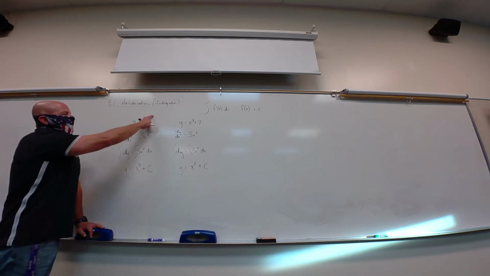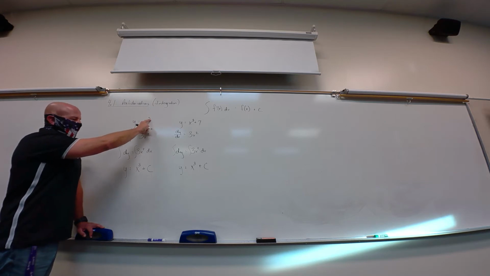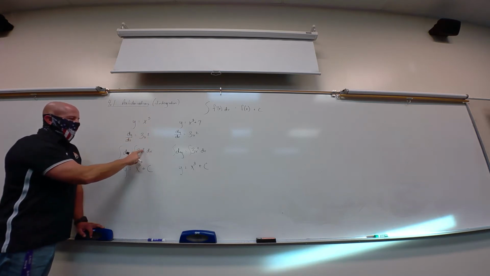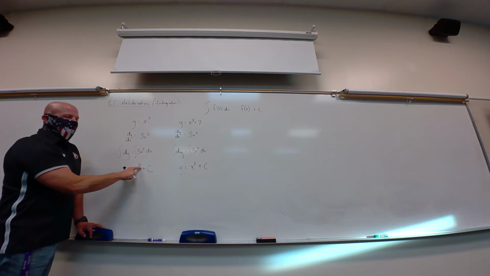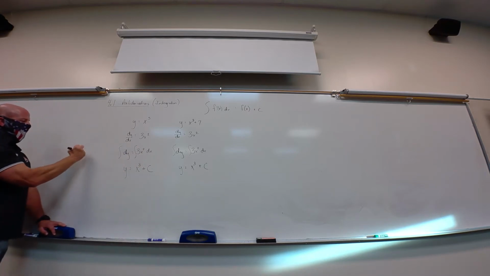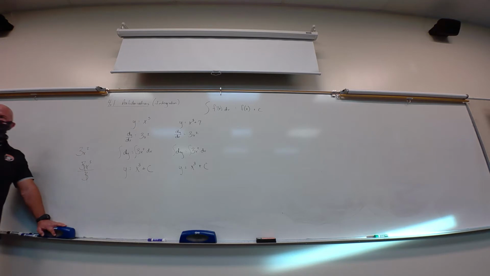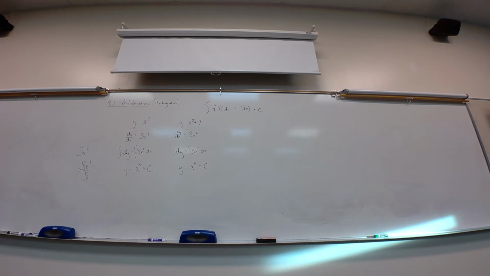So derivative: multiply, subtract 1 from the power. Integral: add 1 to the power, divide by the power. So in other words, it looks like this. If I add 1 to the power, divide by my power, it's the x cubed. You're reversing out of what you did. Are you okay with that?